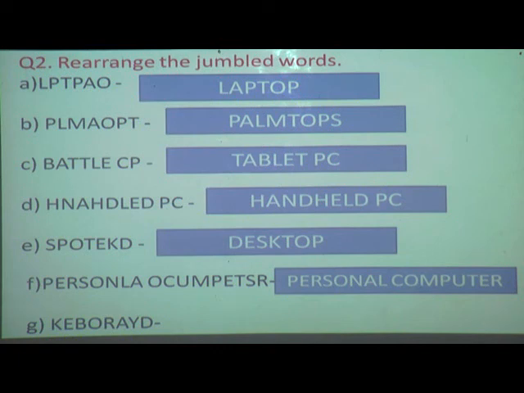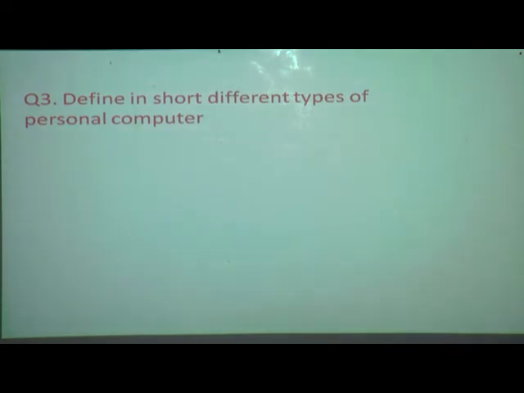Next one, KEYBORAYD. What will come? Keyboard. Next question number 3. Define in short different types of personal computer. We have to define the different types of personal computer.